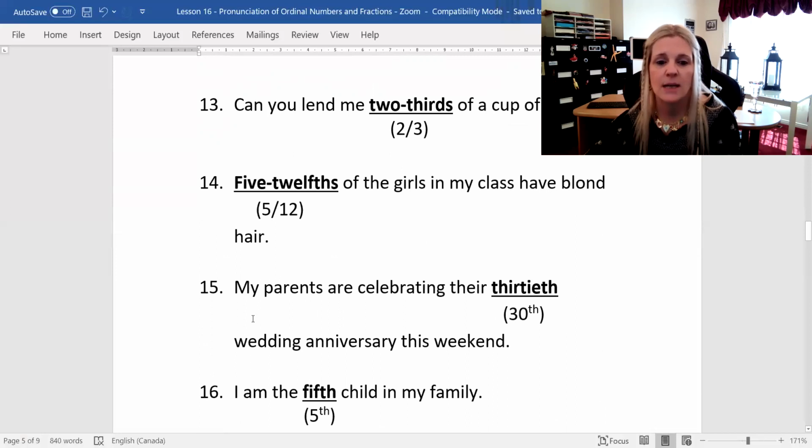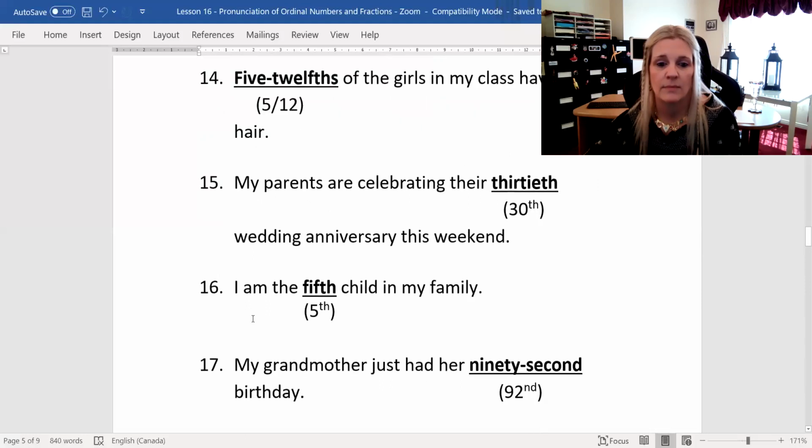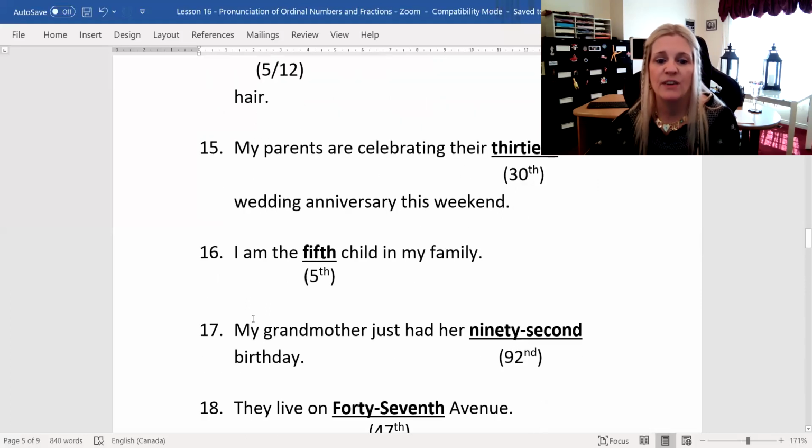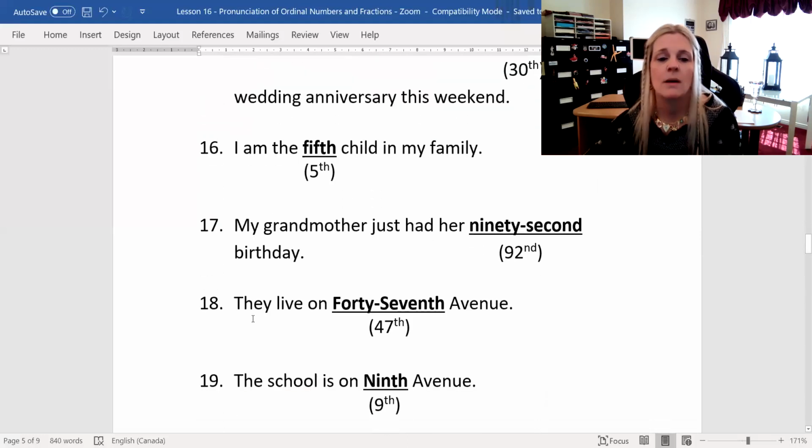My parents are celebrating their 30th wedding anniversary this weekend. I am the 5th child in my family. My grandmother just had her 92nd birthday.